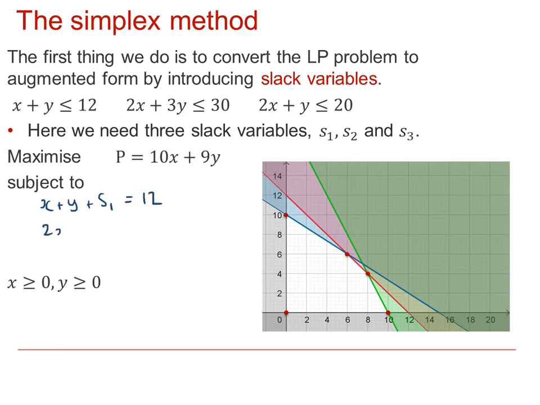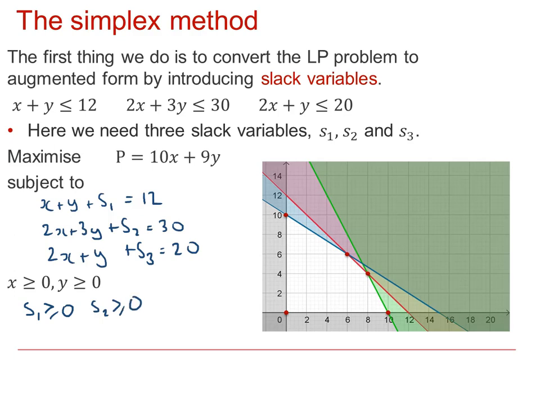The second one, 2x plus 3y plus S2 is equal to 30, and the next one, 2x plus y plus S3 is equal to 20. And that then introduces three more non-negativity constraints: S1 is greater than or equal to 0, S2 greater than or equal to 0, and also S3 greater than or equal to 0.